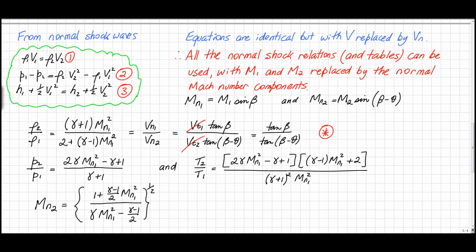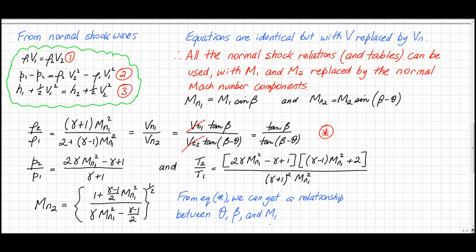Let's put that together. So from equation star, we can get a relationship between our flow deflection angle theta, our shock wave angle beta, and our upstream Mach number M1.